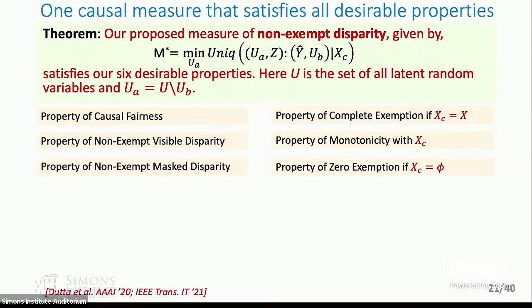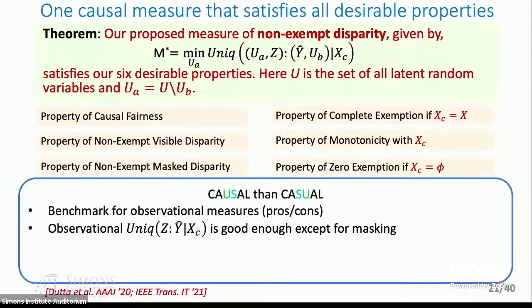So again, as I said, this measure depends on the latent random variables and on the causal structure. But we believe there is some value to first finding a measure that satisfies all the desirable properties, however complex it might be to understand or compute, because then it can serve as a benchmark for all these other observational measures and help us understand to what extent they are close to the original measure.